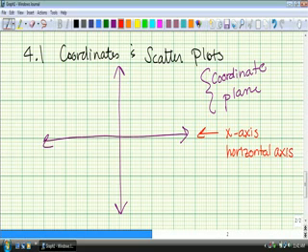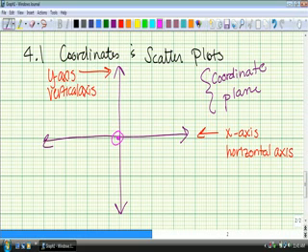Alright. This one is called the Y-axis, or the vertical. Alright, this point right in the middle, what is that point called?